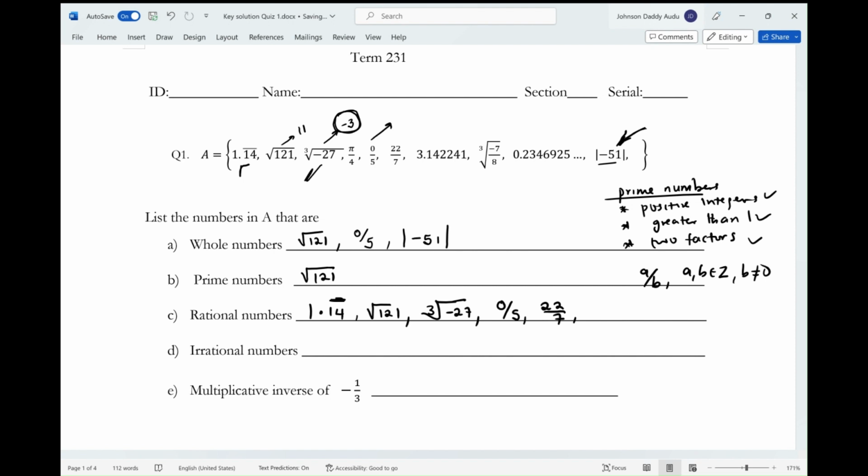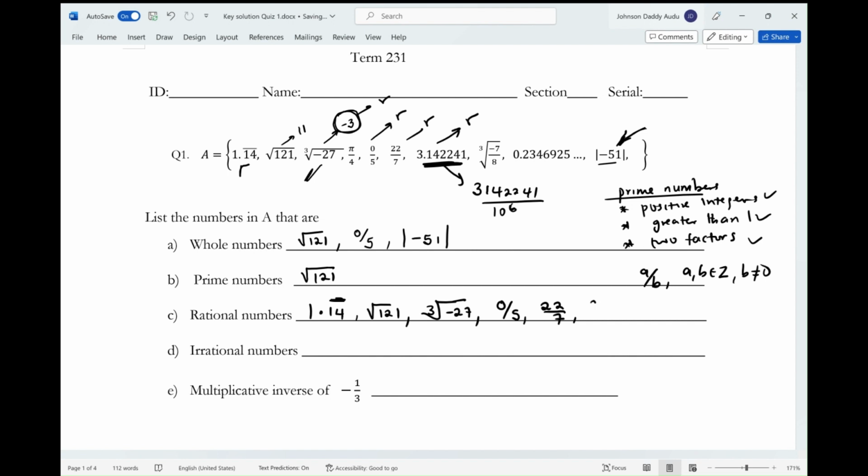So what else? This one is also rational. So this is rational, this is rational, this is also rational, this is also rational. Why? This is rational because it's terminating. You can write this as 3142241 over how many zeros? 1, 2, 3, 4, 5, 6, which is 10 raised to the power 6.